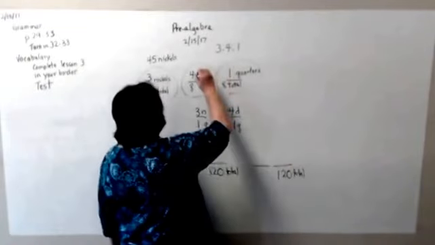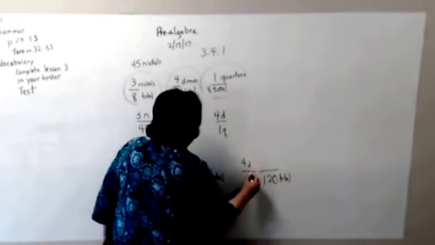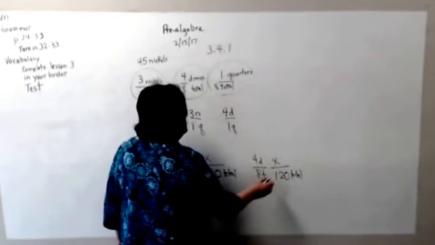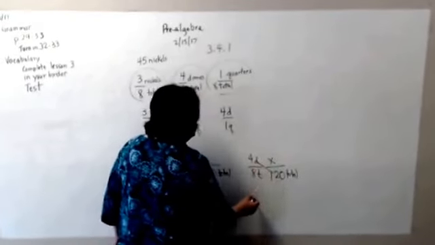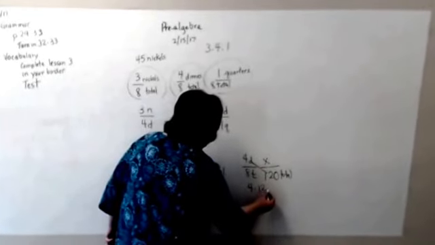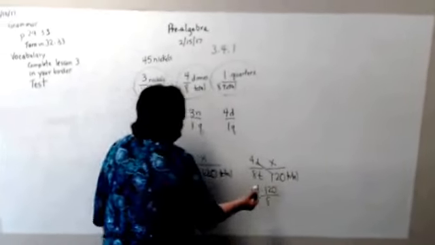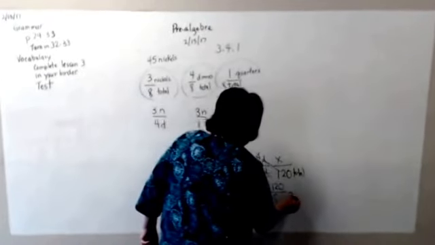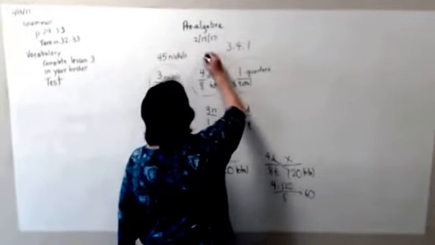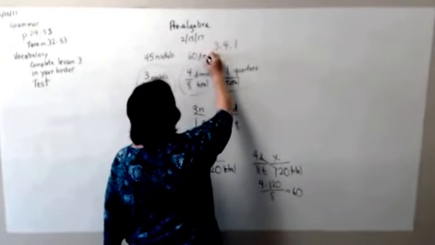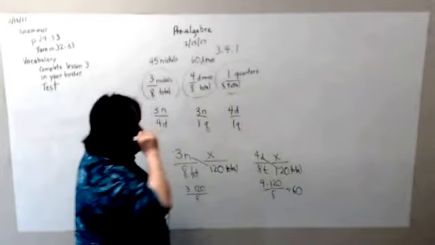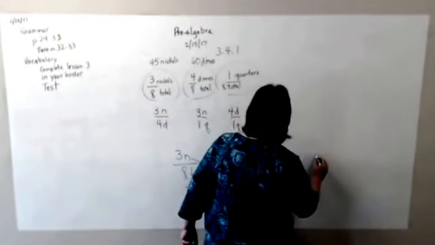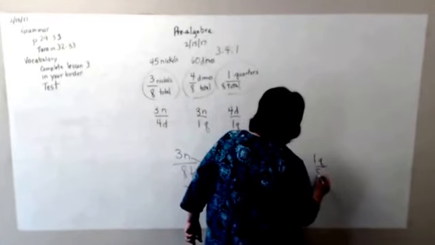Now let's find dimes. 4 dimes to 8 total. So how many dimes if we have 120 total? Now we're going to go 4 times 120 divided by 8. I got 60. 60 dimes.